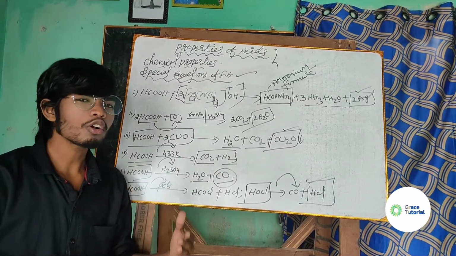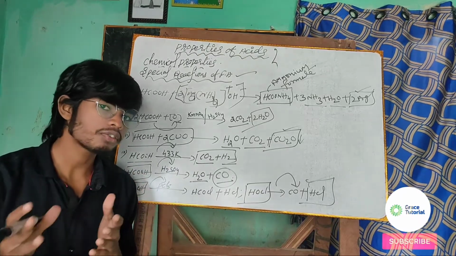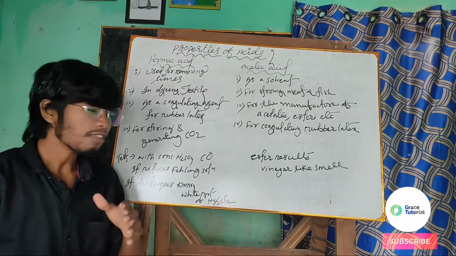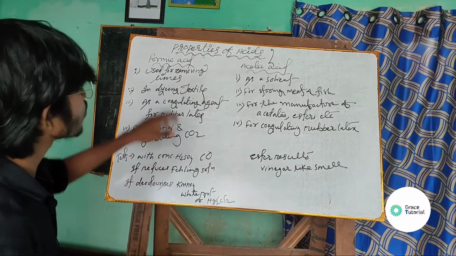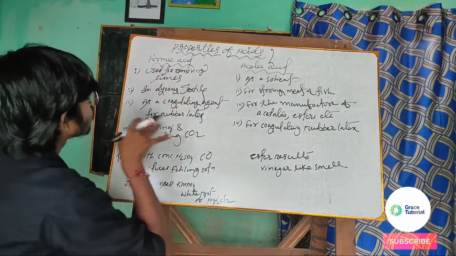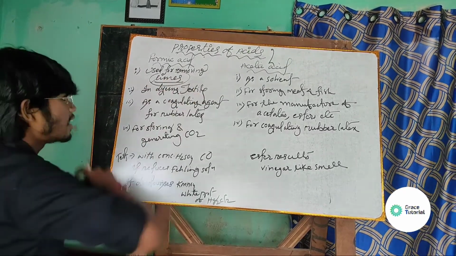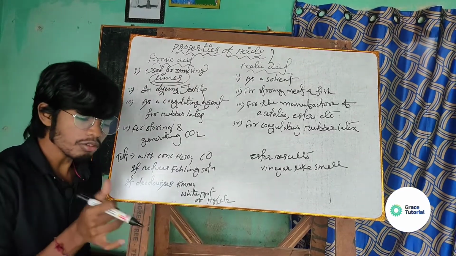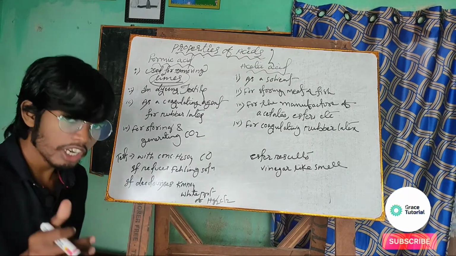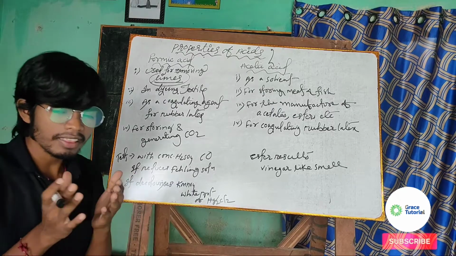Now we will look at some of the uses of the acids along with the differences. If you look at the uses of formic acid and acetic acid: formic acid is used for removing lime in the textile industry. So the first use of formic acid is to remove lime in the textile industry.